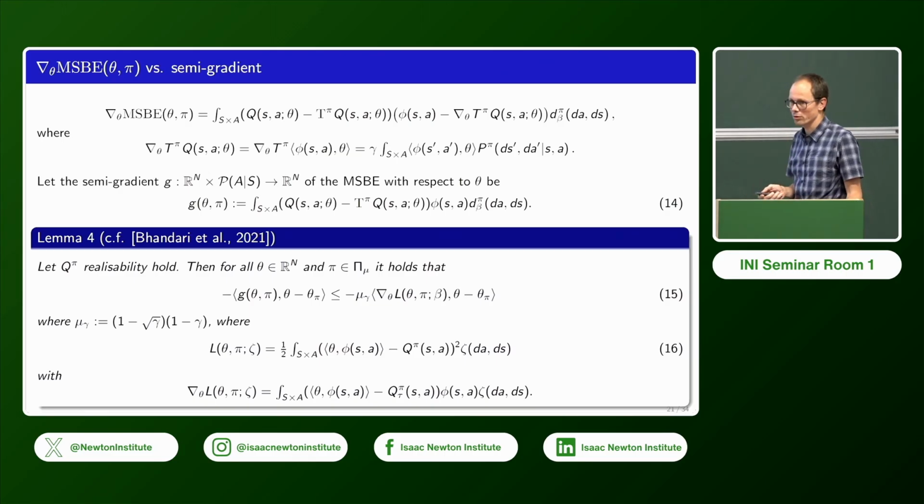Okay, you just drop something that doesn't look very convincing, but in fact, it can be shown that the relevant monotonicity property will be maintained by the semi-gradient, in the sense that you can connect it to this loss L, which is just a loss directly on the Q function, even skipping the Bellman operator.